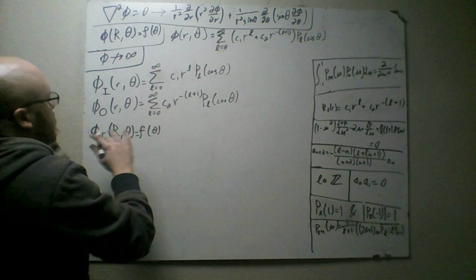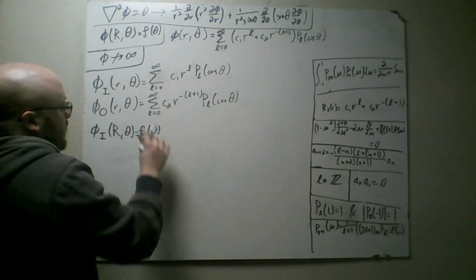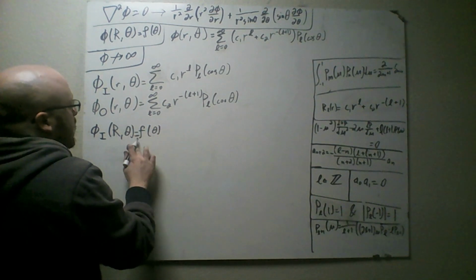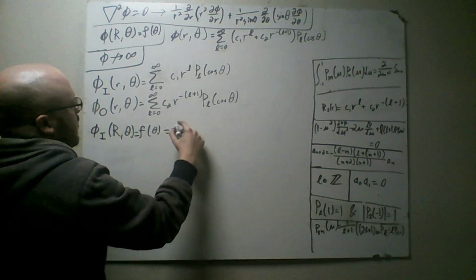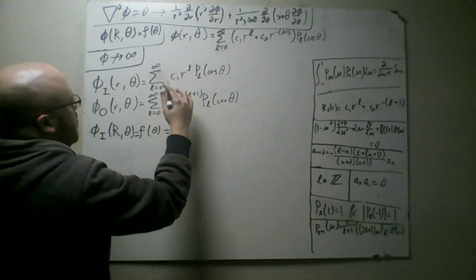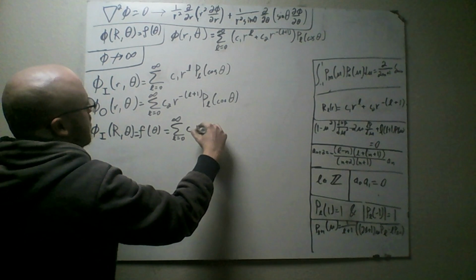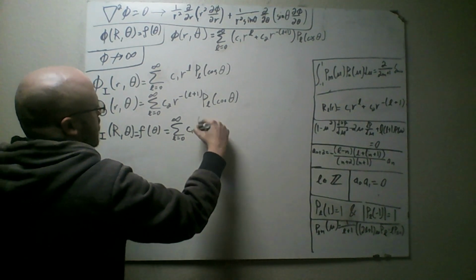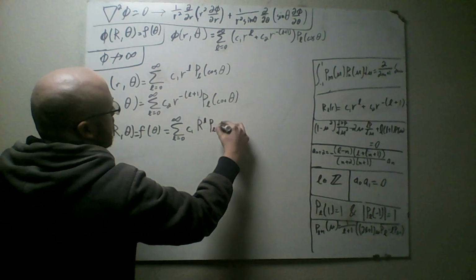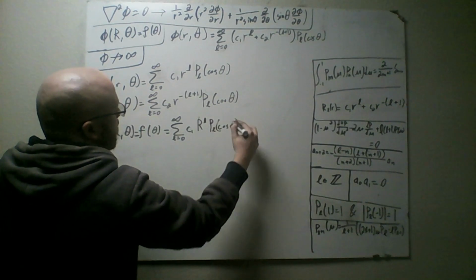So we're just going to do big R because that makes more sense. Anyway, I plug in big R into here. That equals the sum from L equals 0 to infinity, and I'm going to do inside, so C1 big R to the L PL sine theta, right?